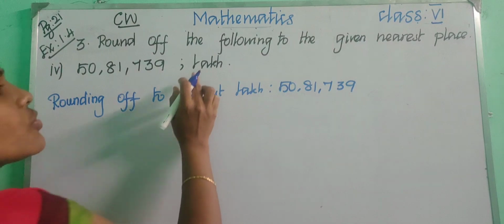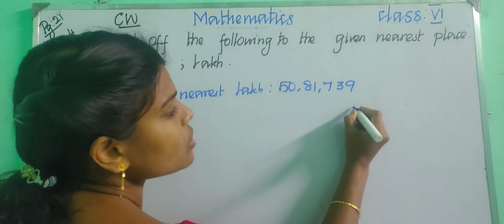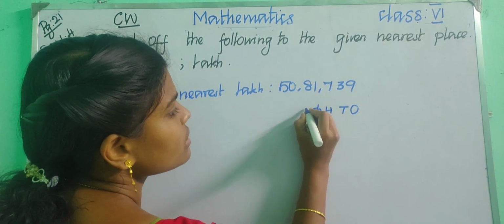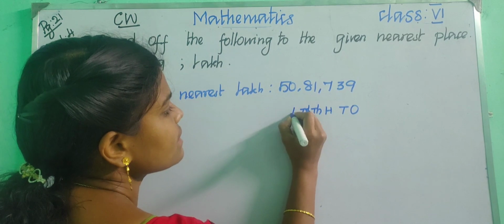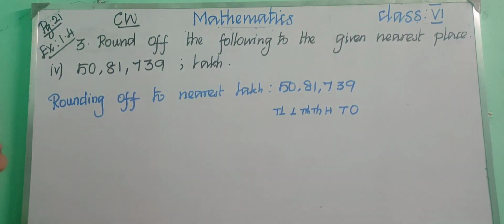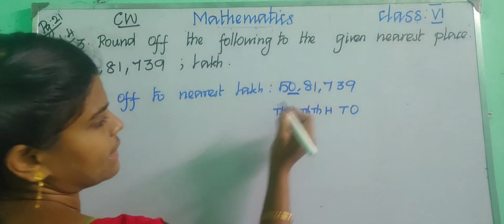We are going to round off the lakhs place, right? So let us write the place value: ones, tens, hundreds, thousands, 10,000s, lakhs and 10 lakhs. We are having up to 10 lakhs, so this one is the lakhs place.